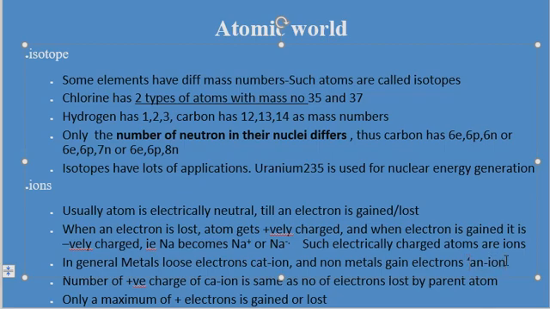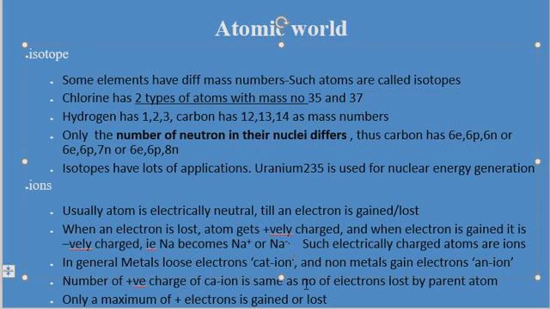Now what is an anion, what is a cation is a question that you need to know the answer for. When metals lose electrons, they become positively charged, called cations. When non-metals gain electrons, they become negatively charged, called anions. The number of positive charges of the cation is the same as the number of electrons lost.